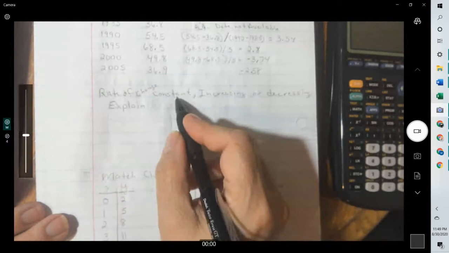We can also look at the rate of change as constant, increasing, or decreasing when we're looking at a graph. And if we're looking at a graph that's constant, it doesn't have to be horizontal. It can be a straight line, because this slope is constant. It keeps growing at the same value.